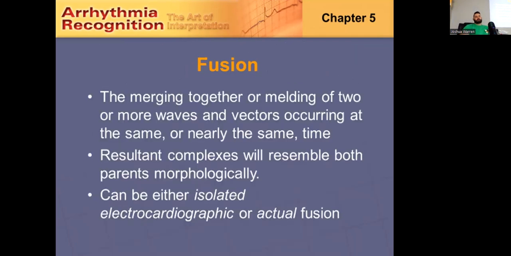Would right bundle branch block and left bundle branch block look the same? No, there are definite ways to tell them apart. I'll let Jason Grady get into that. He's got a turn signal method that's pretty much unbeaten. It has to do with the morphology and also vectors. Based on the vector and morphology, if it's pointing up or right, or if it's pointing down: turning right, you click your blinker up and it goes right.